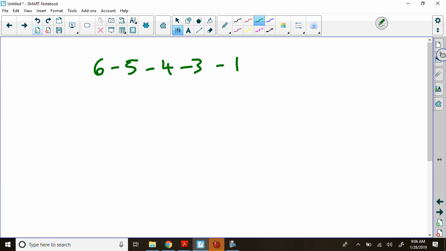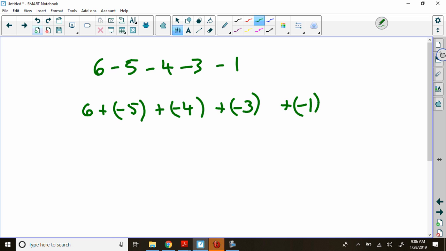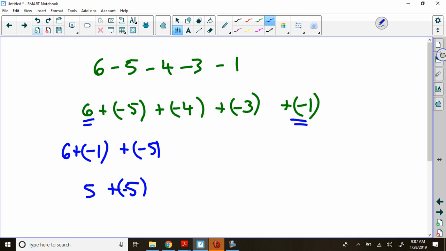You could think of this as 6 plus negative 5 plus negative 4 plus negative 3 plus negative 1. And so now maybe you want to commute this. Maybe you want to put the 6 and the plus negative 1 first, because you know that's going to be 5. And that'll line up nicely with the plus the negative 5, which is going to end up canceling those out entirely. Then the rest of that, of course, plus negative 4. Plus negative 3 would be plus negative 7. So the answer is negative 7.